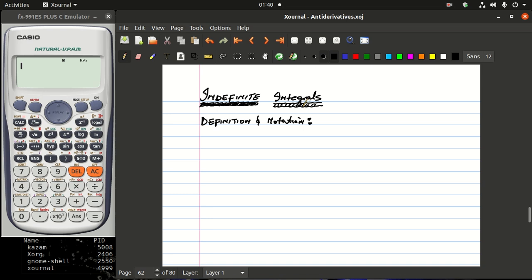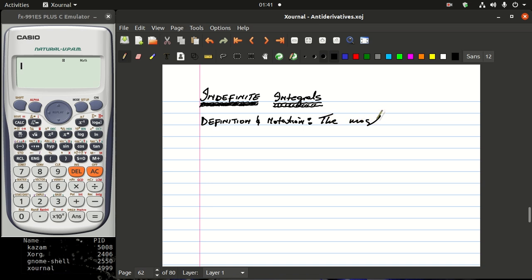What are indefinite integrals? Indefinite integrals are very simple. It is just, in simple terms, the most general antiderivative of a function. That is what an indefinite integral is. Let me just write the definition here in notation.